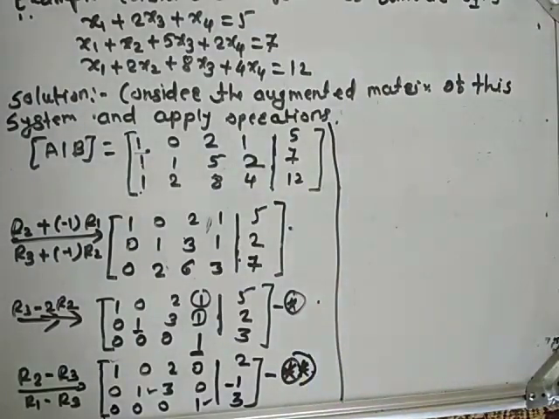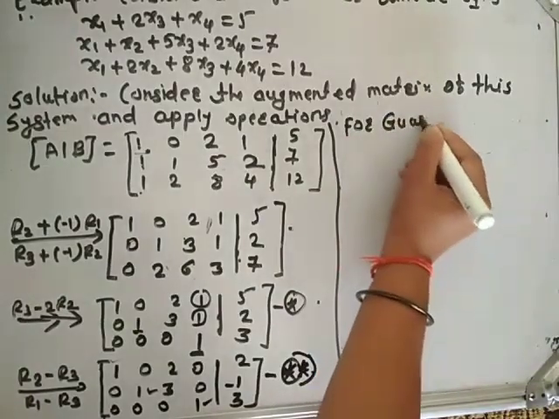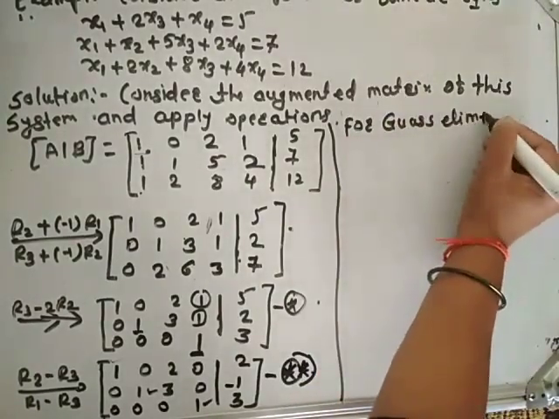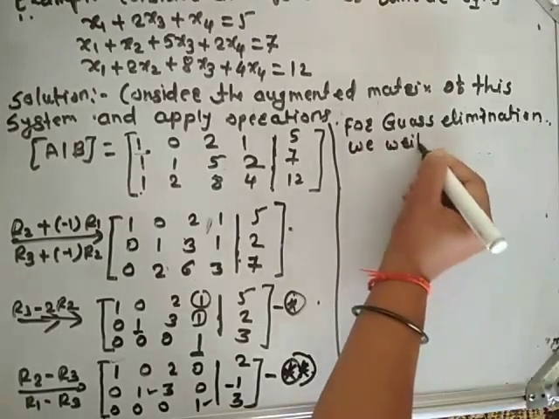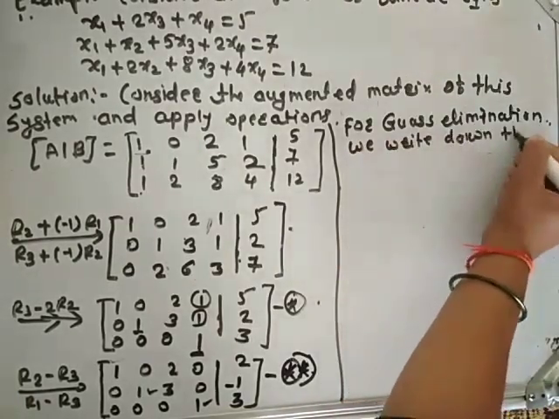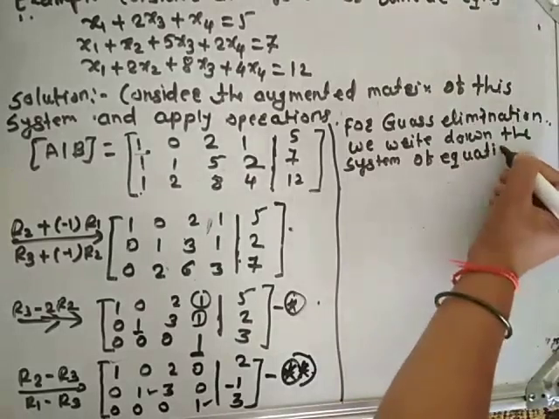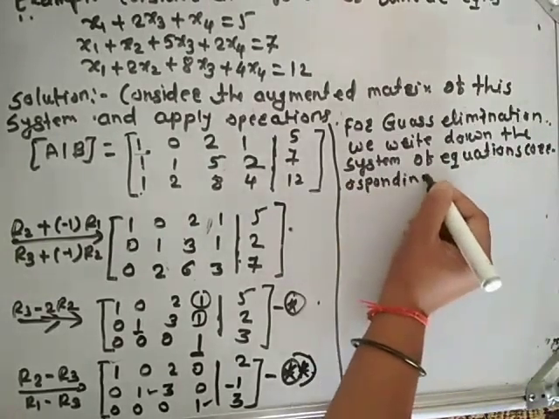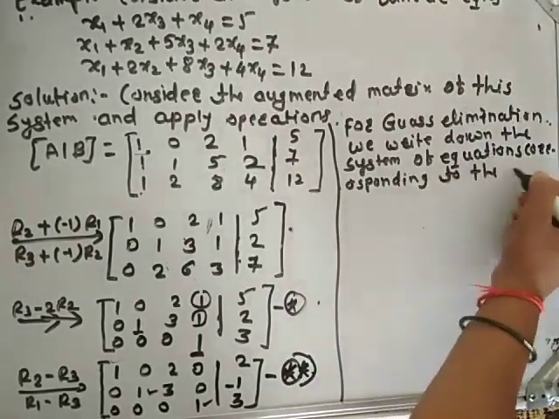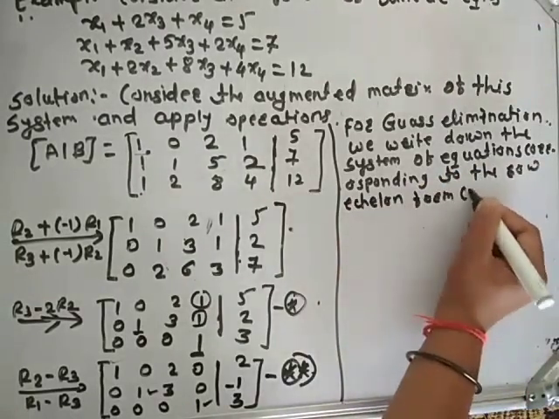Now see here, for Gauss elimination we write down the system of equations corresponding to row echelon form star.